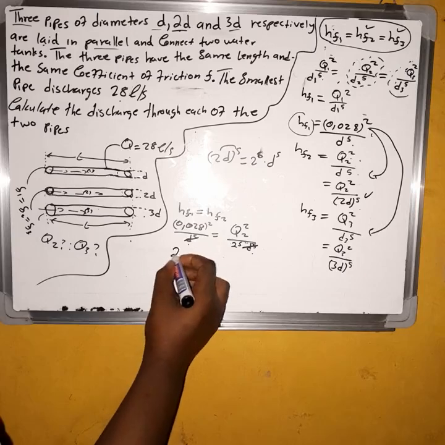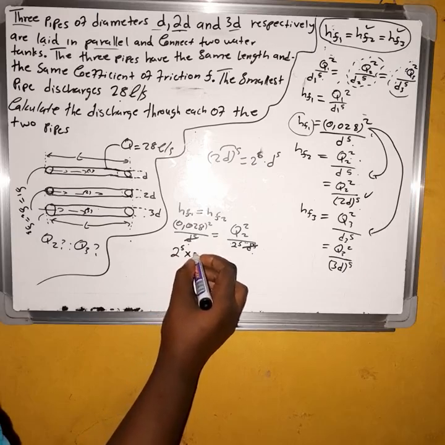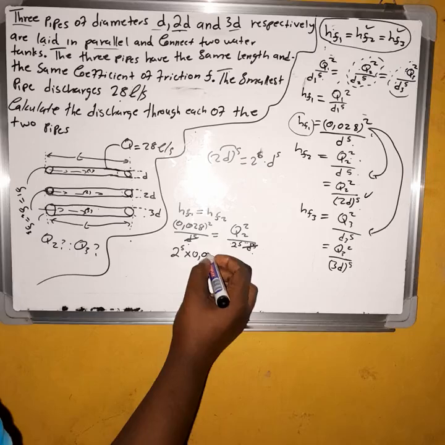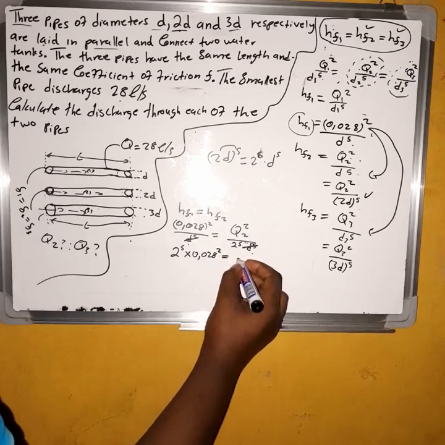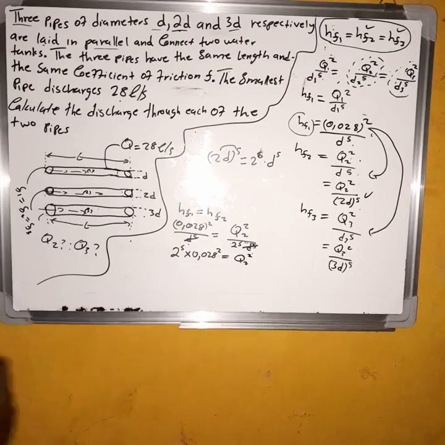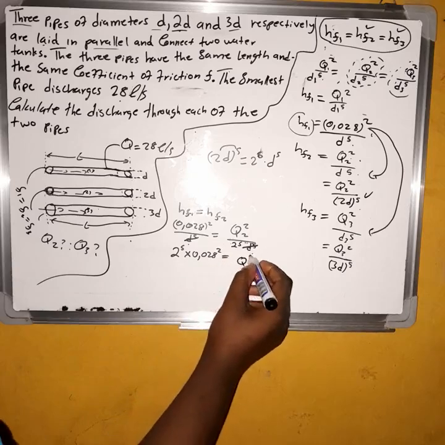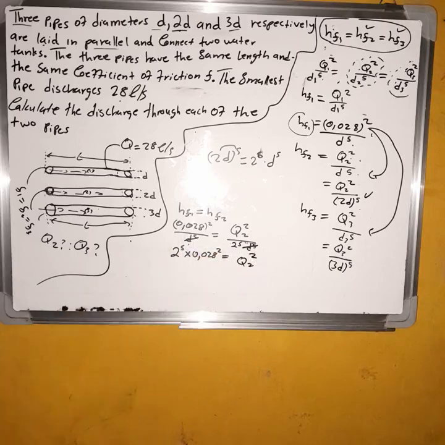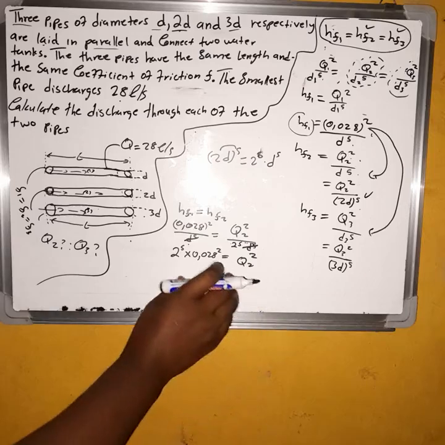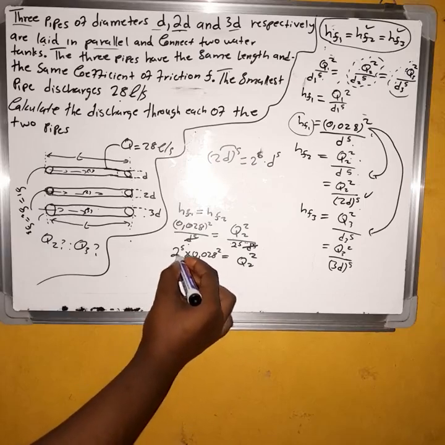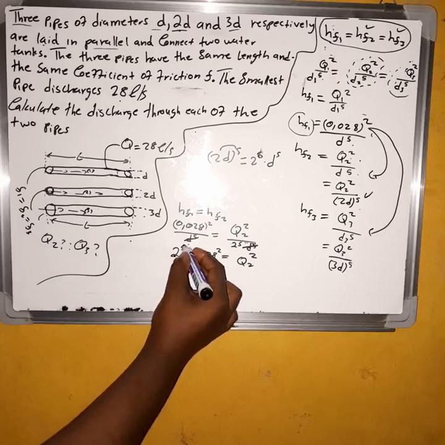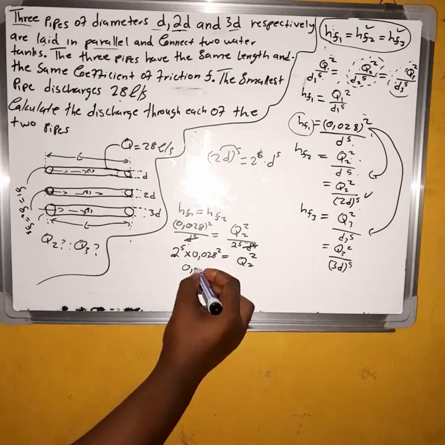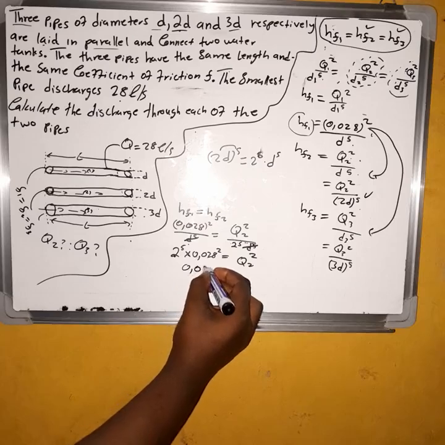You will have 2 raised to the power 5 multiplied by 0.028 squared is equal to Q2 squared, right? Punch the calculator there. 2 raised to the power 5 multiplied by 0.028 squared will give you 0.0251.